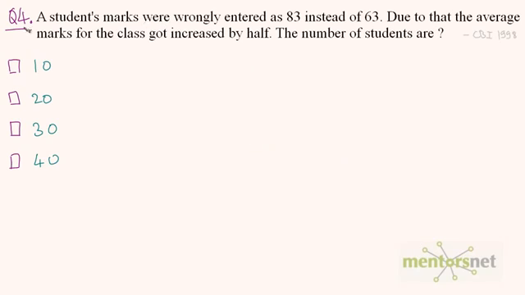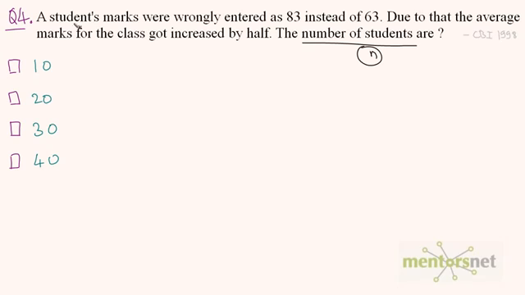The final question. A student's marks were wrongly entered as 83 instead of 63. Due to that, the average marks for the class got increased by half. The number of students are. Let's say that there are n number of students.